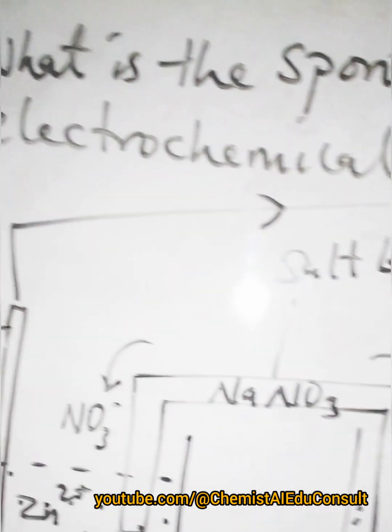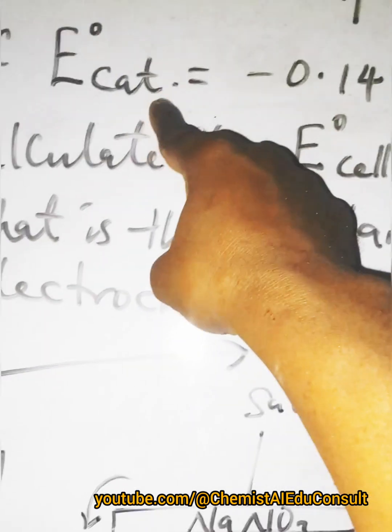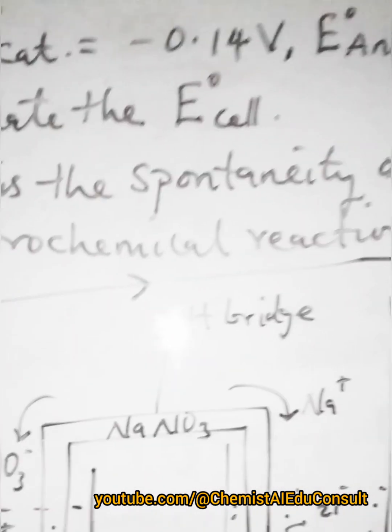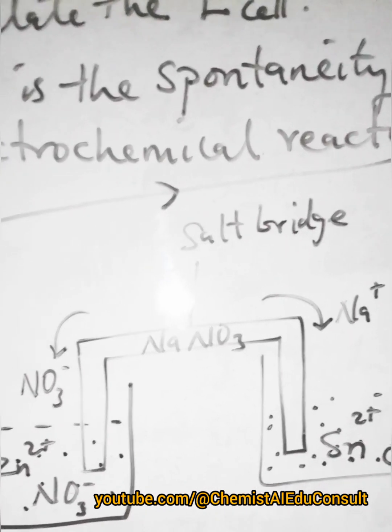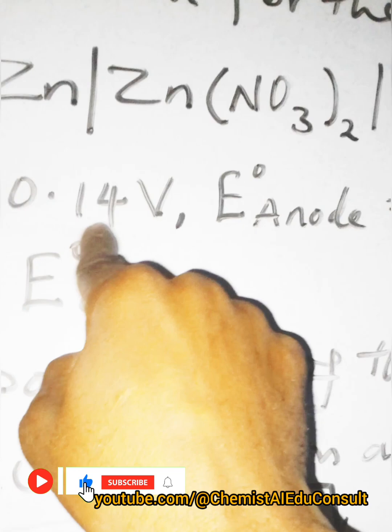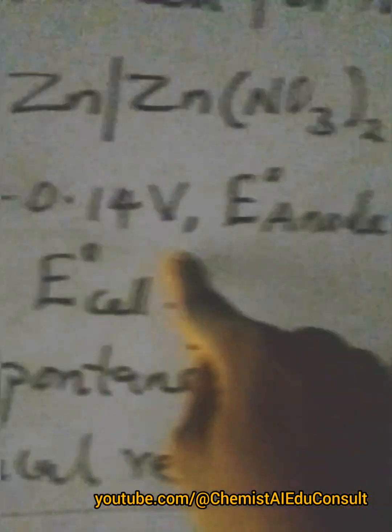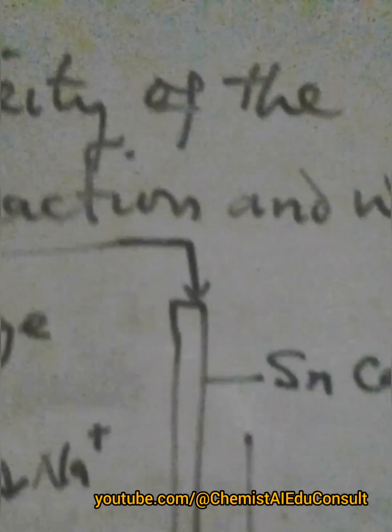It says if the electrode potential of the cathode is minus 0.14 and that of the anode is minus 0.76 volts, calculate E cell, that is the electromotive force of the cell. Remember that the electrode potential for the cathode is higher than the electrode potential for the anode. Therefore, reduction takes place at the cathode.